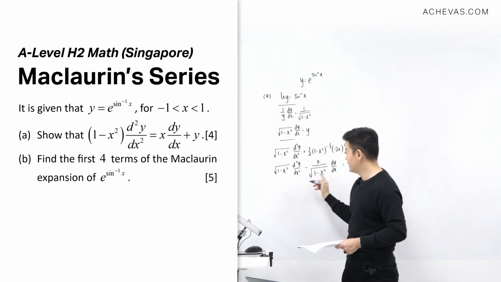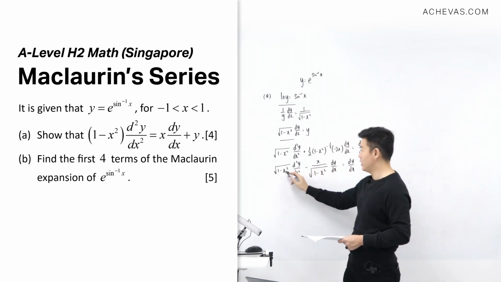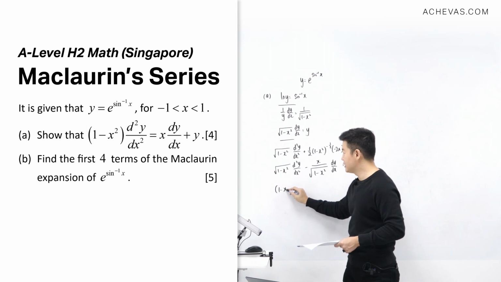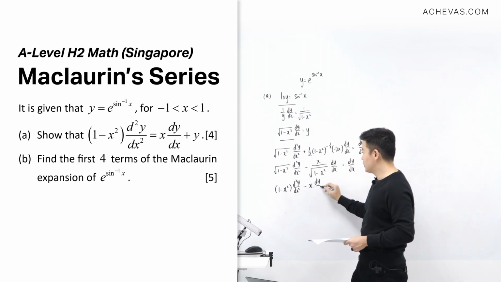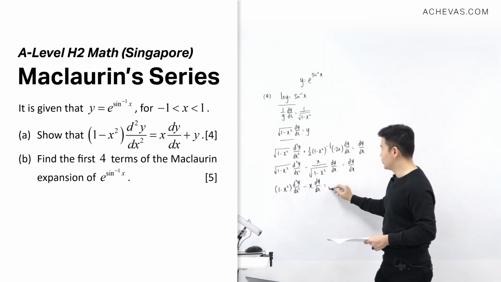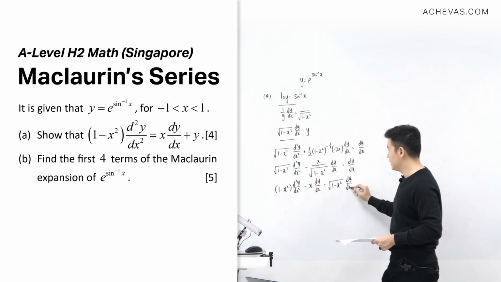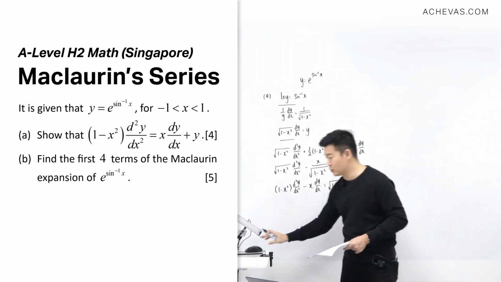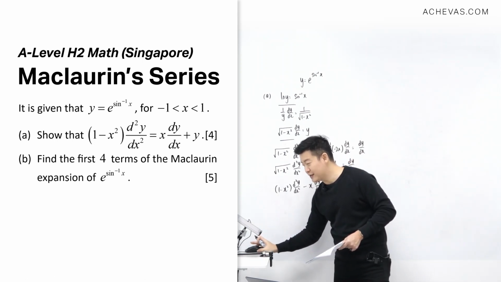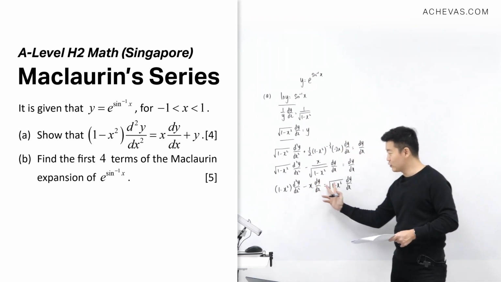Multiplying this equation throughout by square root of 1 minus x squared will give me 1 minus x squared, then d squared y dx squared minus x dy dx is equal to square root of 1 minus x squared dy dx. So we have achieved this, because this is what the question wants me to show. And we actually have this x dy dx, which is going to be obtained the moment I bring this over to the right hand side.